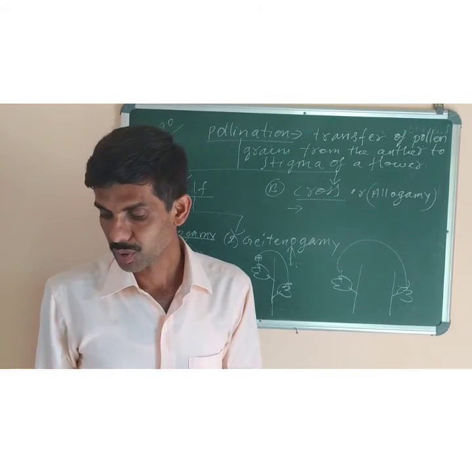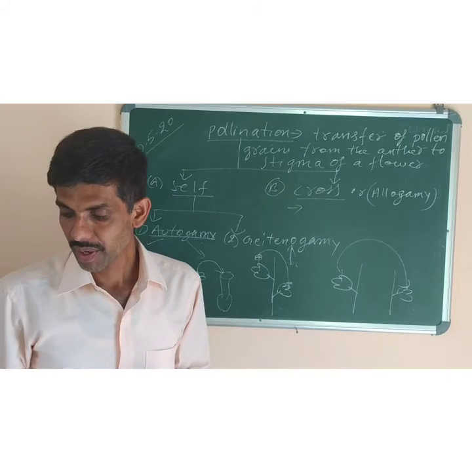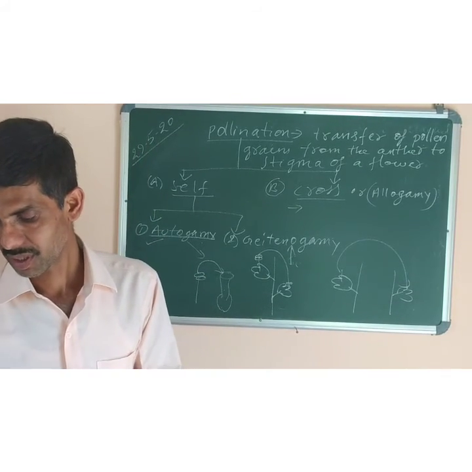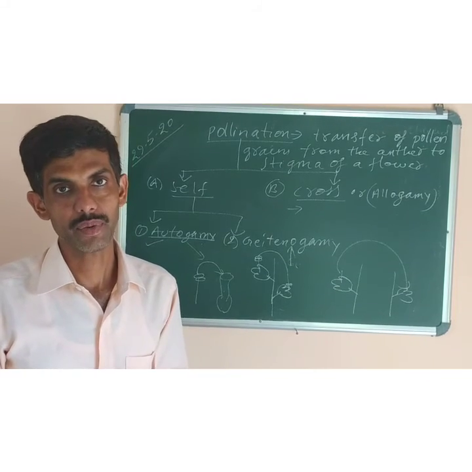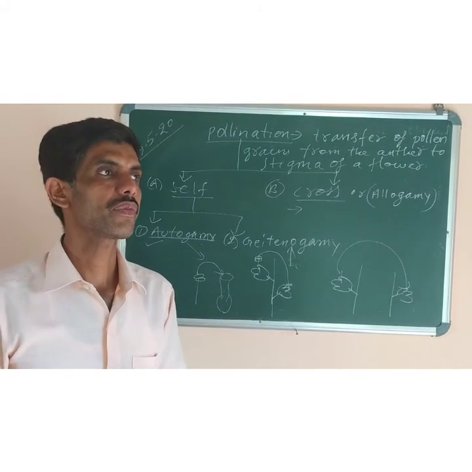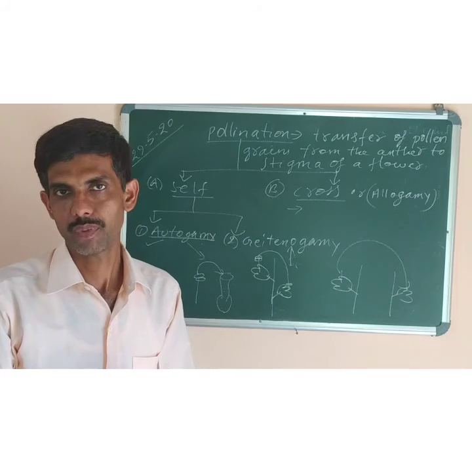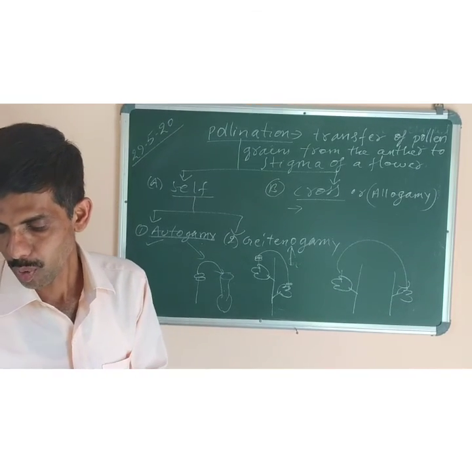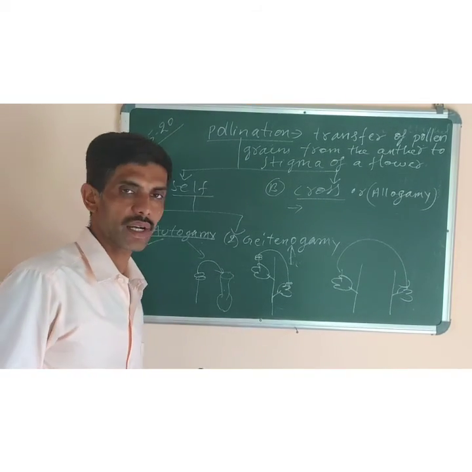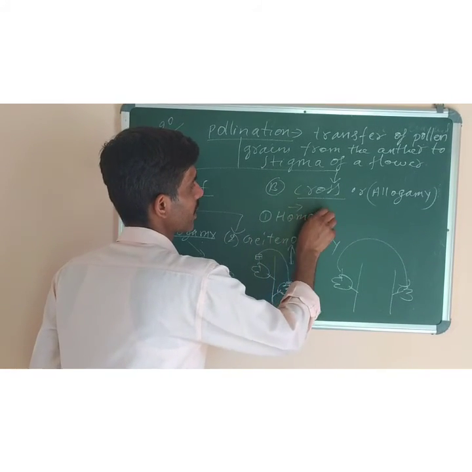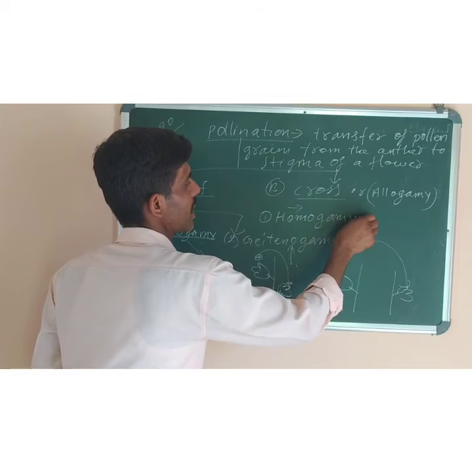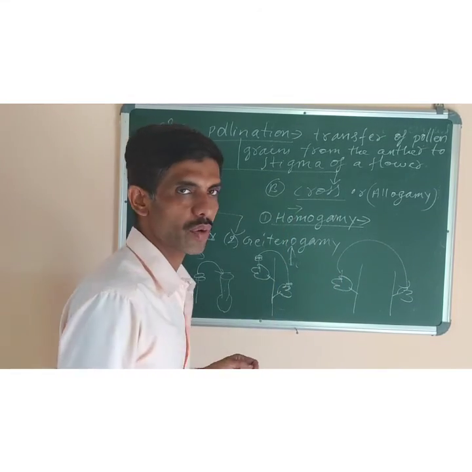Okay, so now next we have to study the contrivances or adaptations for self-pollination. It is there in the syllabus. Contrivances means how the flowers are adapted for self-pollination. Number 1, homogamy. Homogamy means the condition in which the flowers are sterile to their own pollens.